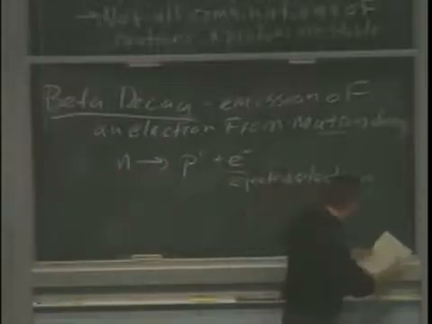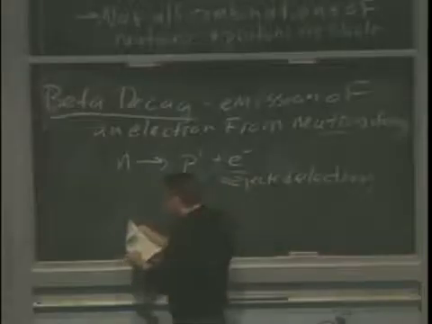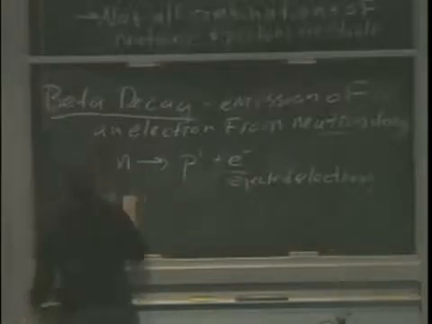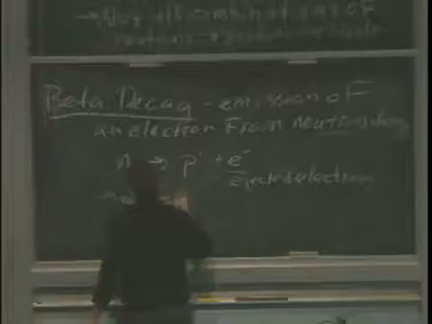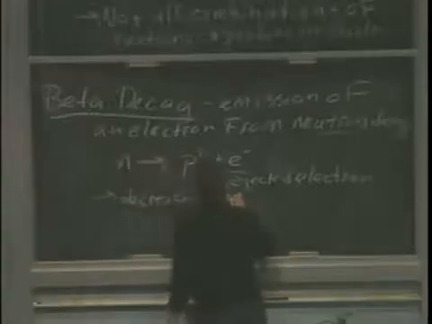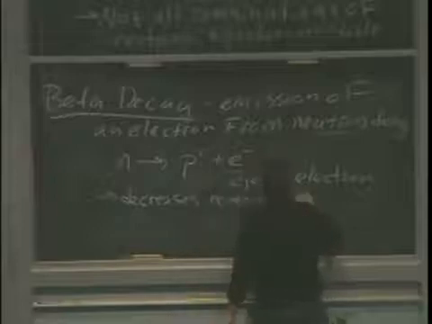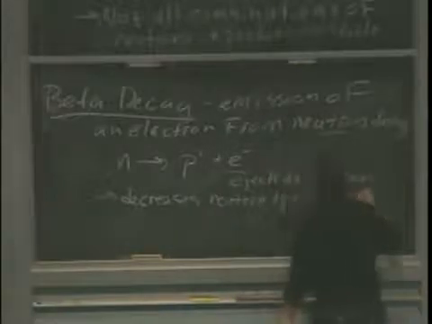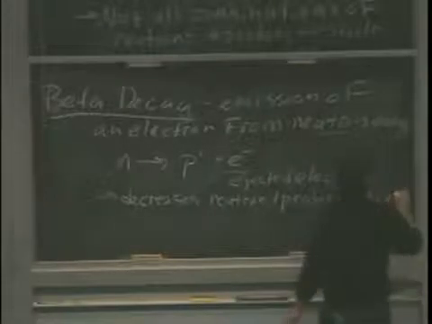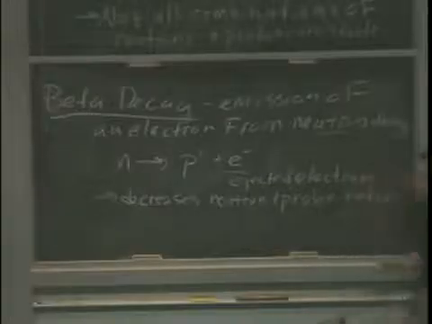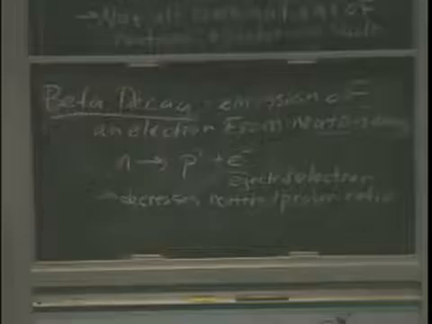So it will do the opposite. It decreases the neutron to proton ratio, trying to make the resulting nucleus, the resulting product, more stable. Okay, so that's beta decays.